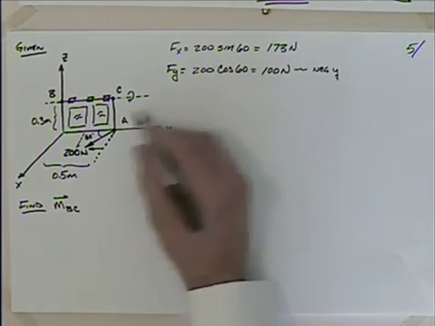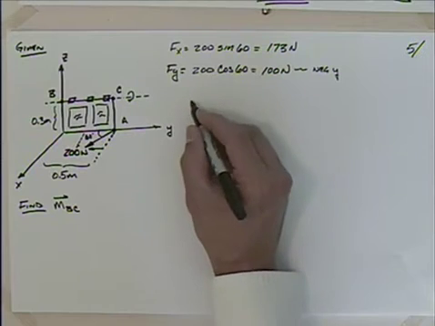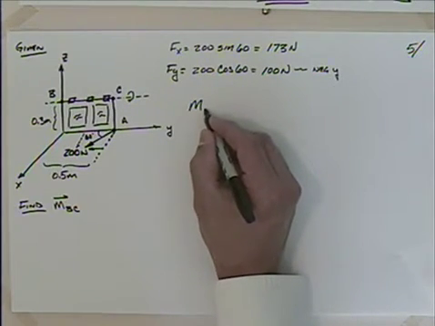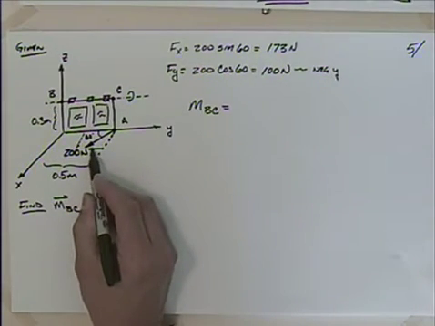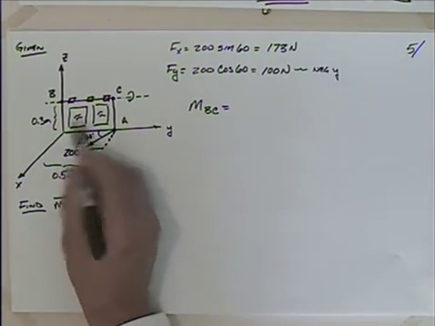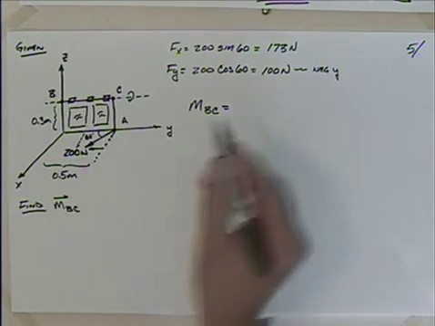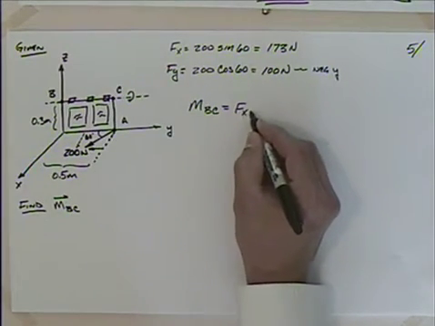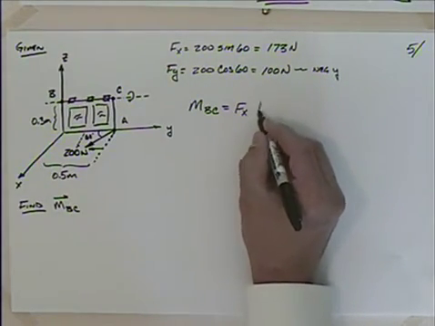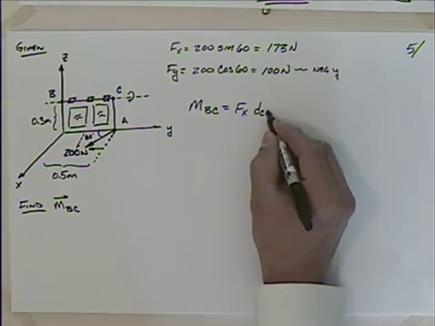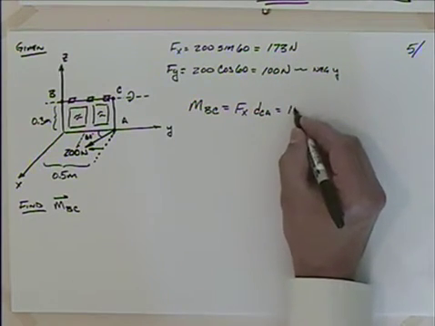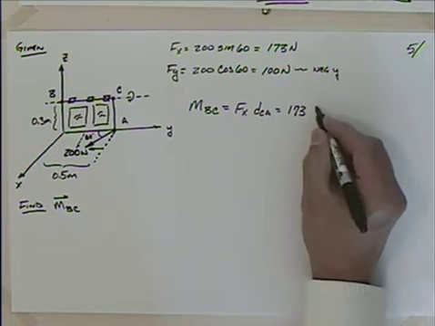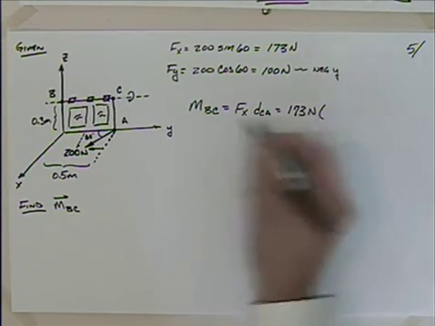So if I want the moment about BC, the magnitude of the moment about BC is equal to, well, force Fy has no bearing on that because it's parallel to BC. So it's just the x component, force x, times the distance from, let's say, C to A, which is 173 newtons times the distance of 0.3.